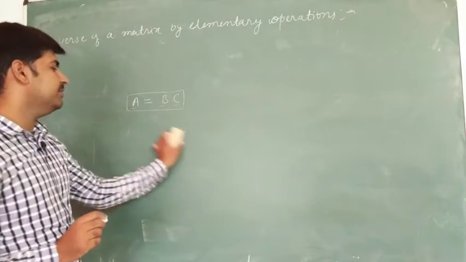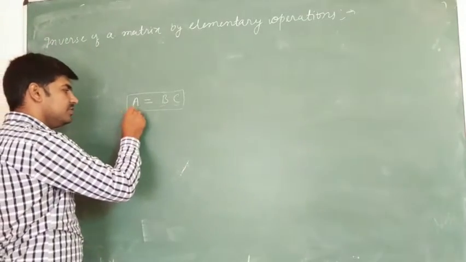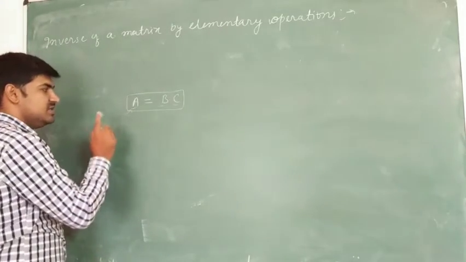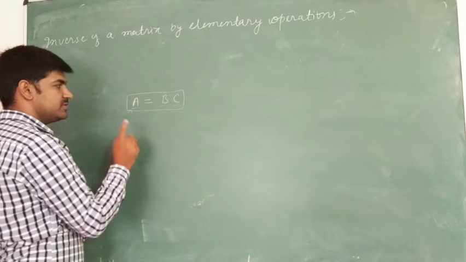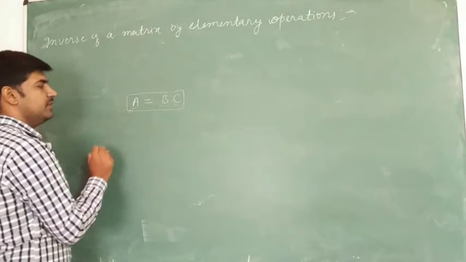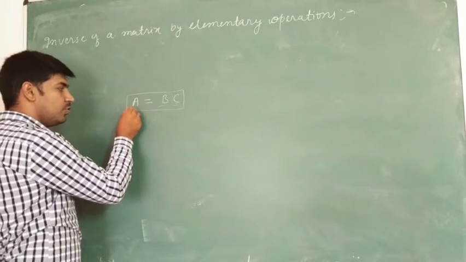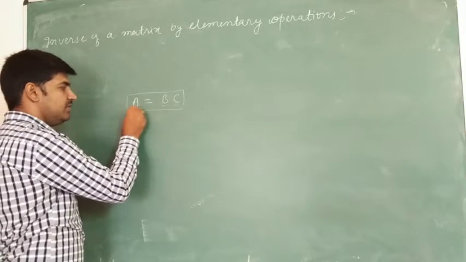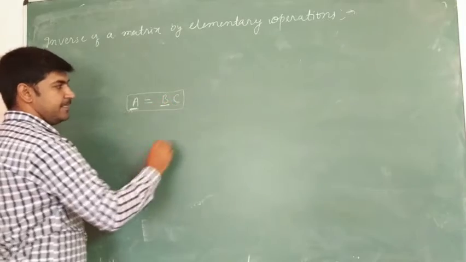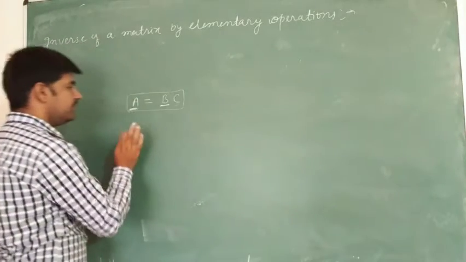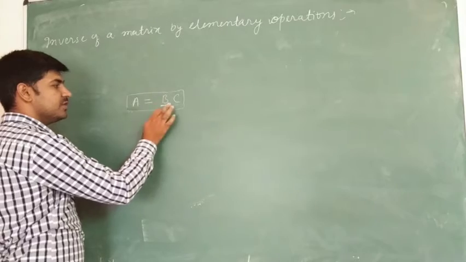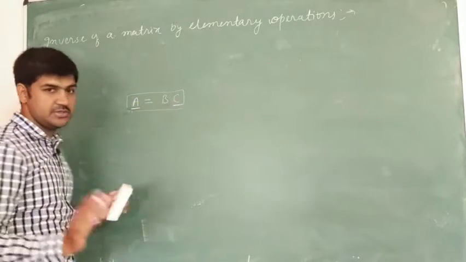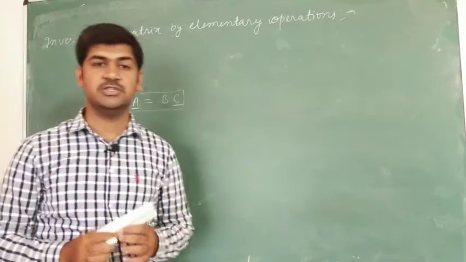To apply elementary operations or transformations on this equation, we can use a series of elementary operations or transformations. If you have to apply row elementary operations, they will be applied on this and this matrix, that is on A and on B. And if you have to apply a series of column elementary operations, they will be applied on this one and this matrix, that is on A and on C. So this fact you have to keep in your mind, students.